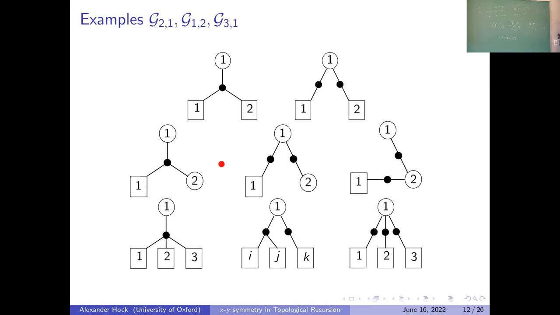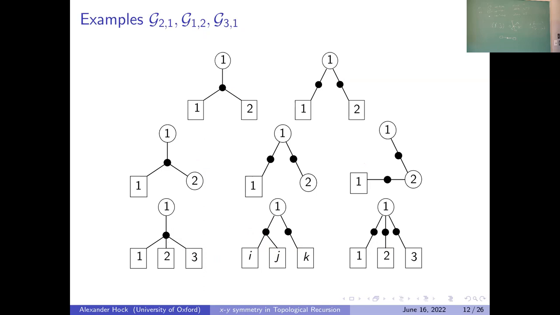So these 3 different cases. Or the case G31, where we have 3 square vertices and 1 white round vertex. And here you have 3 possibilities. Either k is equal to 1 or to 2 or to 3, because here you don't distinguish if this is 1 or 2 or 2 or 1. So this consists of 5 trees.